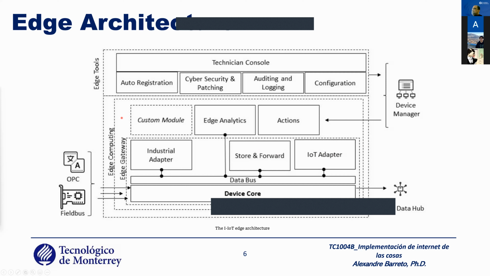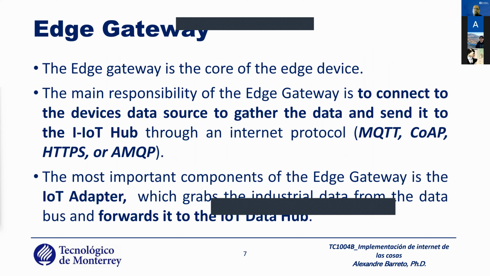and in the edge computing, you can develop one model. You have analytics and actions. So the most important component is the gateway. Okay, the gateway is the core of the edge. Okay, if you have the edge device, the core is the gateway. Okay, at least you have implemented the gateway in the edge device.